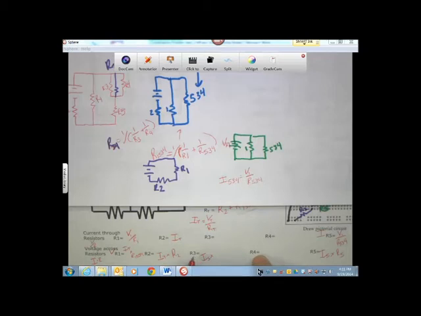We have to use the joint value of R3, 4. So current of 5 times R3, 4, and then the same value goes here, because they match.